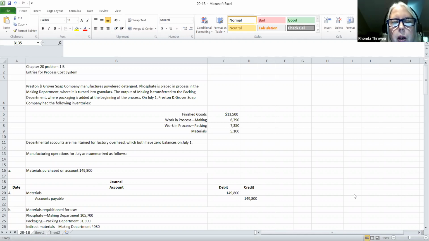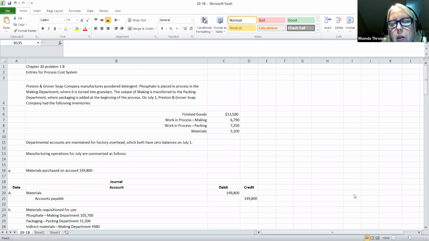A paper manufacturing company would use a process cost accounting system. A steel manufacturing company would use a process cost accounting system, because basically what they're doing is putting their materials through a process to get an ending type of product.